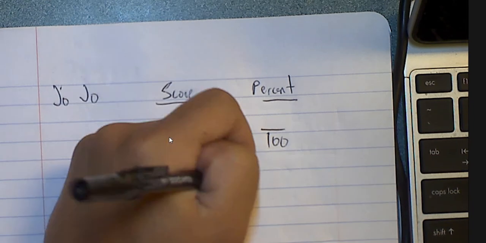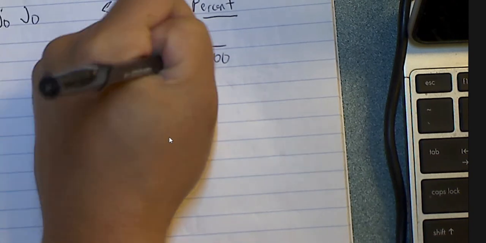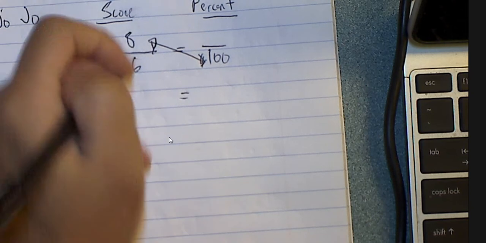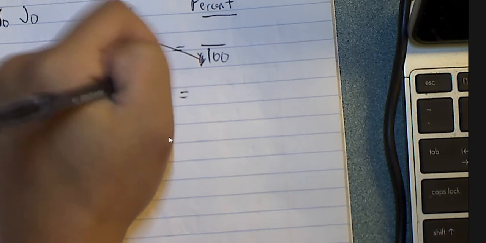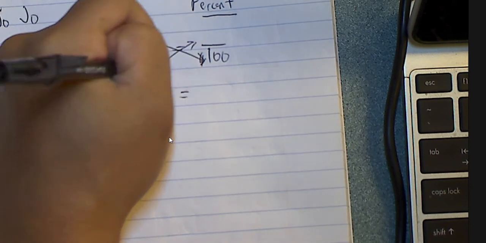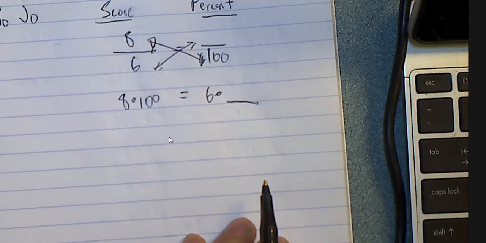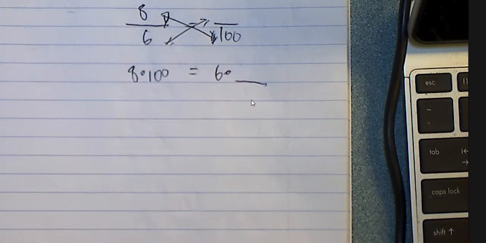Now we have to cross multiply. 8 times 100 and 6 times what? 6 times this blank. The fancy word for this is called a variable. This blank, this is called a variable.